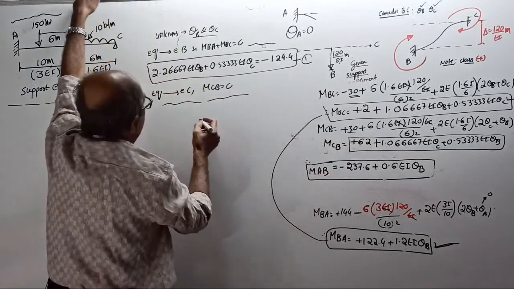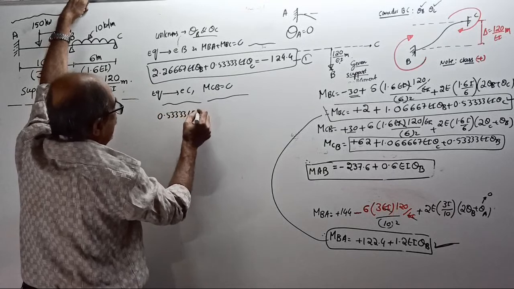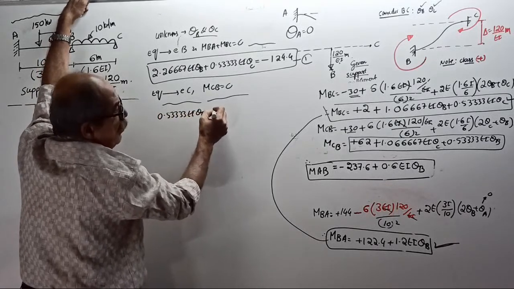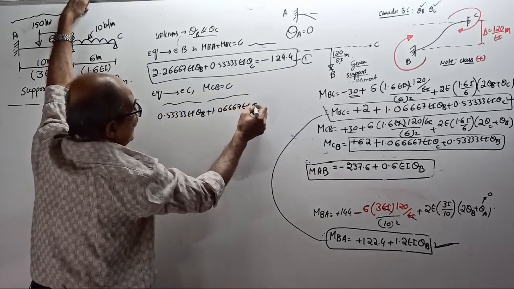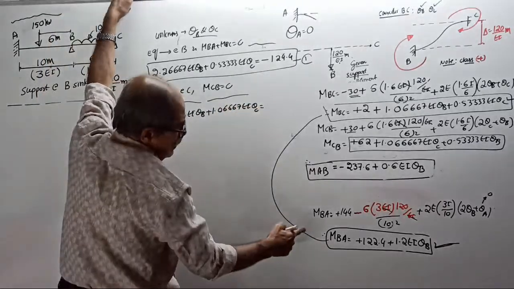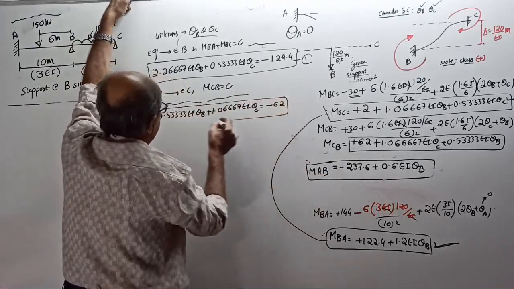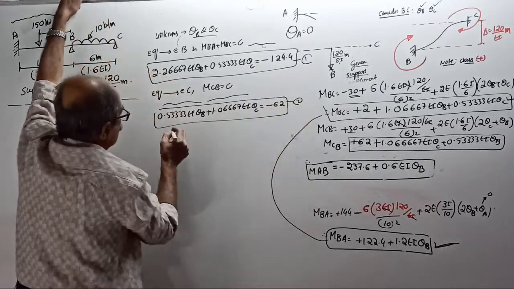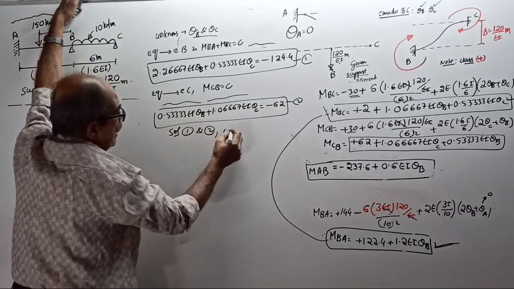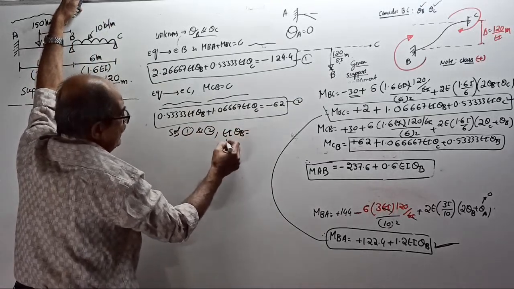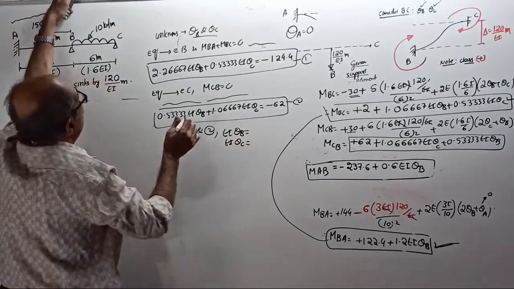You will get 0.53333 EI theta B plus 1.06667 EI theta C equal to minus 62, your equation number 2. Over. Solving 1 and 2, you get EI theta B and EI theta C.